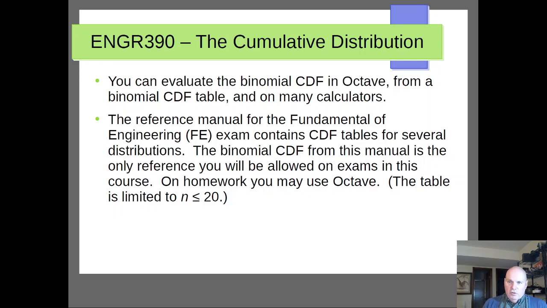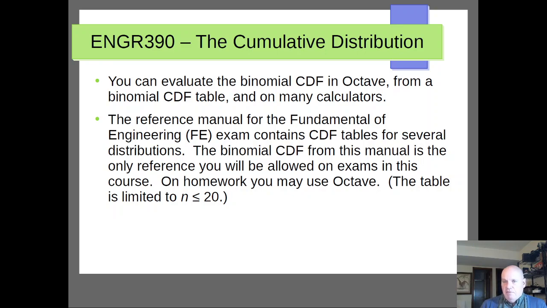So we're going to use that table from the manual, and this is the only reference you'll be allowed to use on exams in this course. The table's a little limited. It only covers trials up to n equal to 20, so you couldn't use it for that coin toss experiment where we tossed 100 coins, for example.